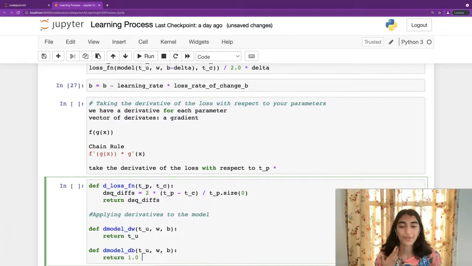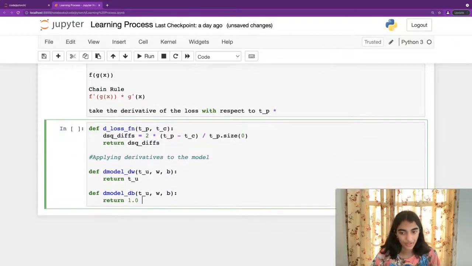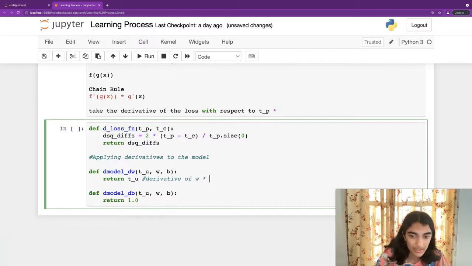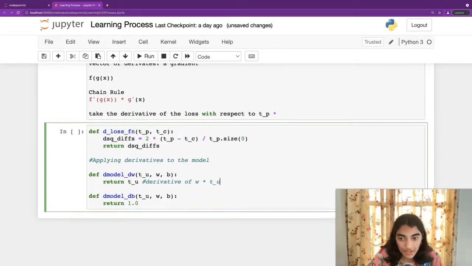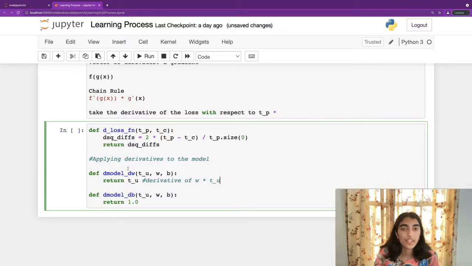And what are we doing here? Why are we returning TU and 1? Well, if we take the derivative of W times TU, the whole model is the input, which is TU, times a slope, which is our weight, plus a bias.